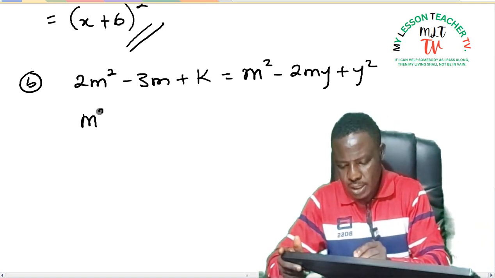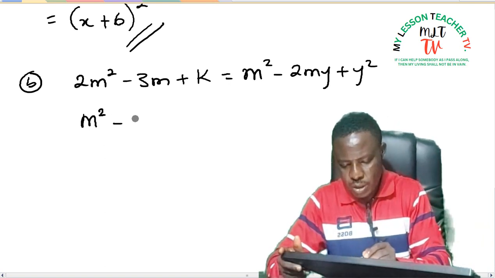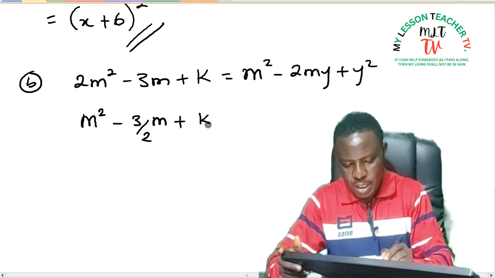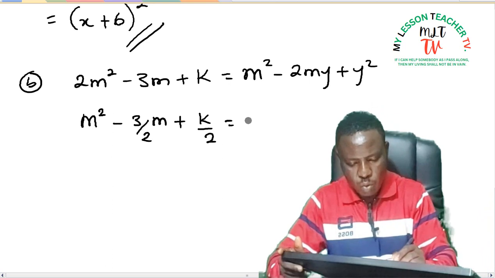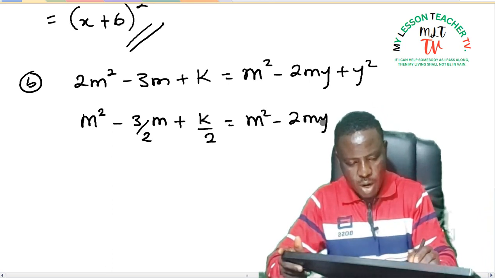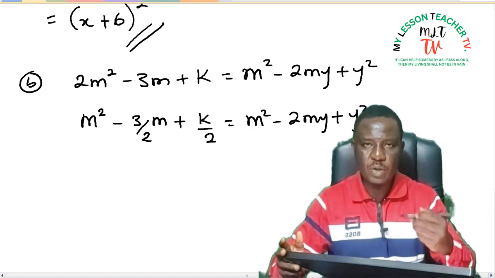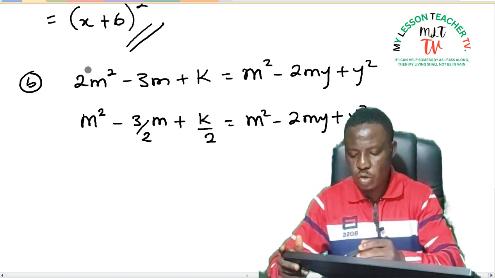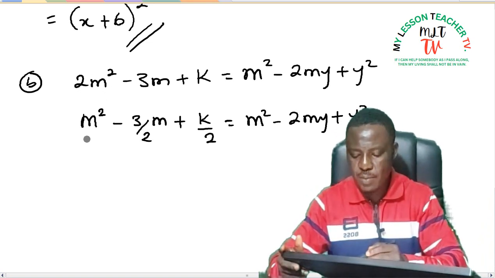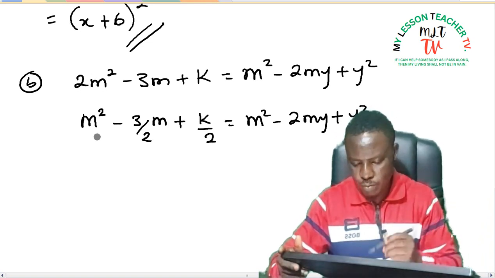So you have m squared minus 3 over 2m plus k over 2 is equal to m squared minus 2my plus y squared, because the first term must be a perfect square. So for us to make it a perfect square, I have to divide every term by 2.